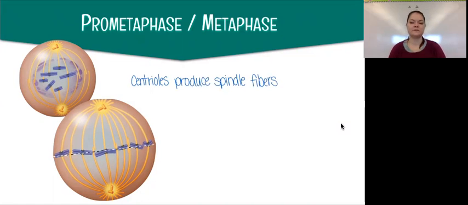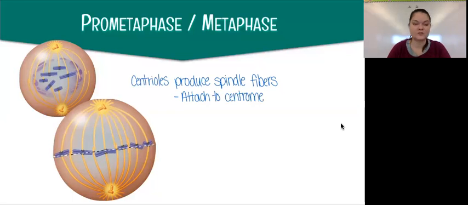Those spindle fibers are going to grow from both ends of that cell, and they're going to connect not only with the genetic information, but also with each other. And so what we end up with is spindle fibers that grow in and attach to the centromere. So remember, our sister chromatids are being held together at the centromere.